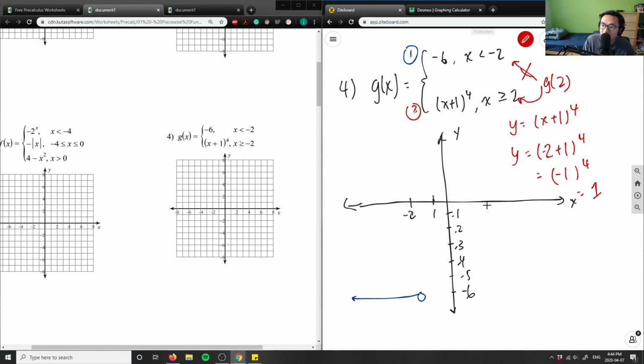So my point is going to be (-2, 1), which means I may have to make 1 here. So my red point, and this is a point on the graph, is going to start from here, and then it's going to do some wacky thing, right?